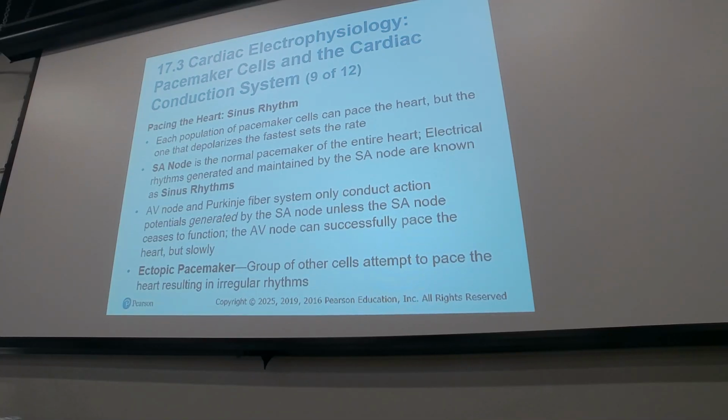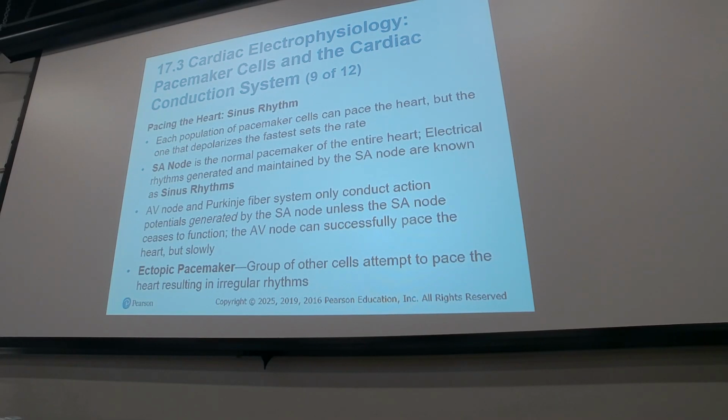It is shown by the presence of a wave in the electrocardiogram. We will see that later. It's called the P wave. So every time you see a P wave in an electrocardiogram, you can be certain that the SA node is making that electrical signal.